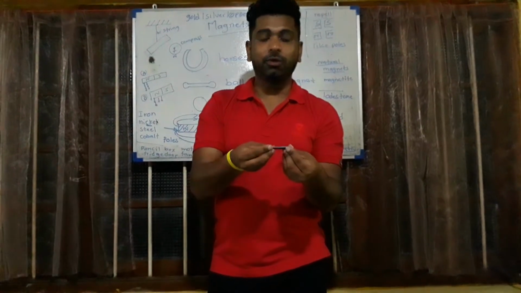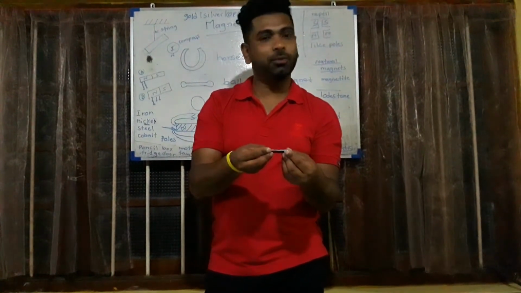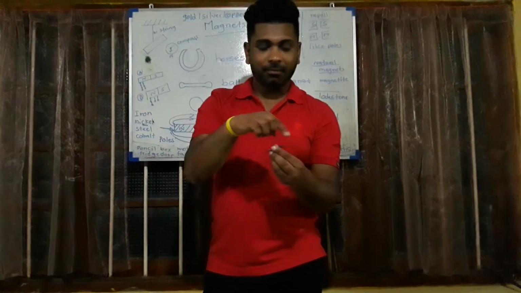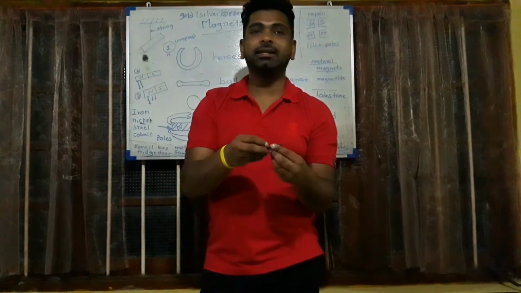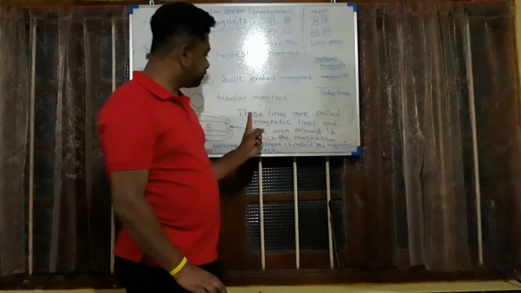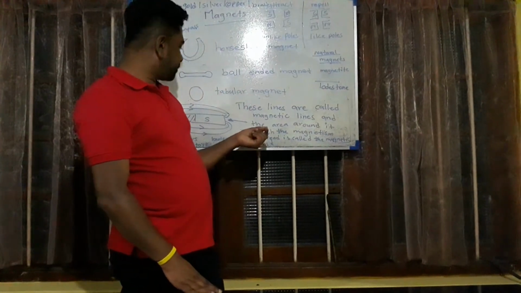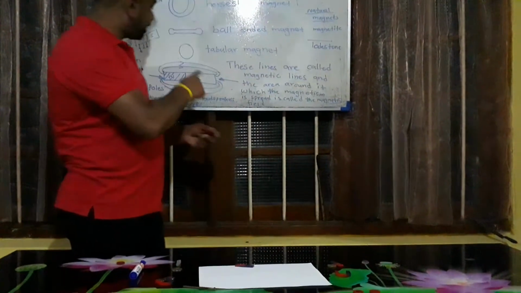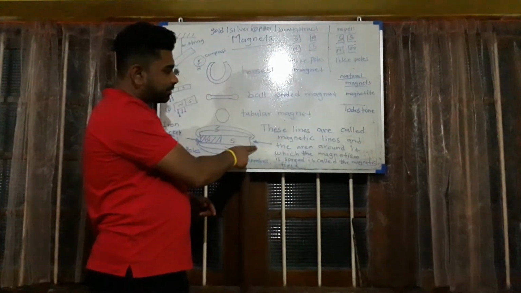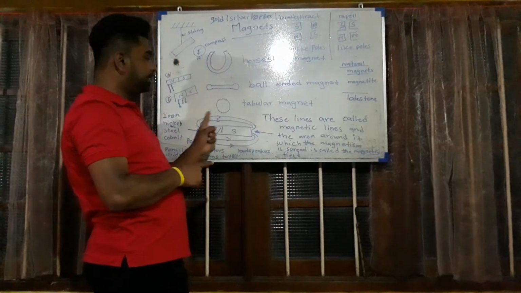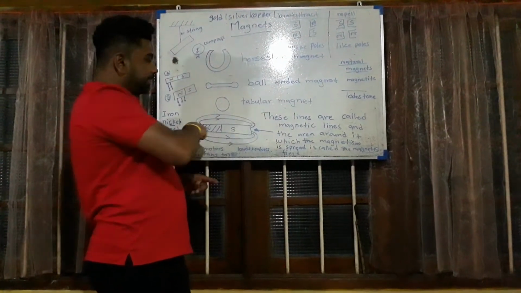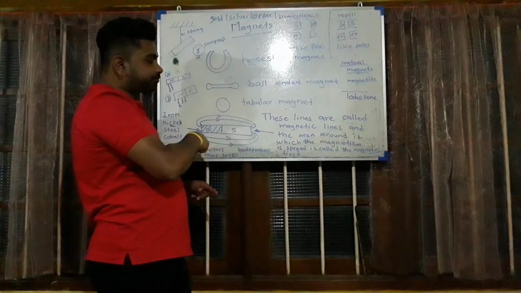At the north pole edge and south pole edge, the magnetism is very high. Here you will see these lines, and these are poles. These lines are called magnetic lines. Here, magnetic lines go like this.